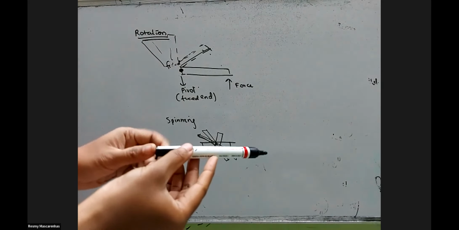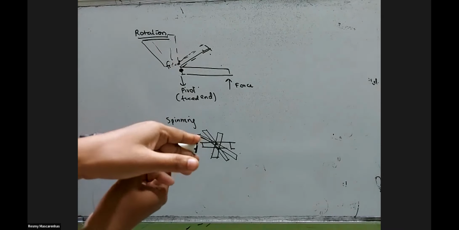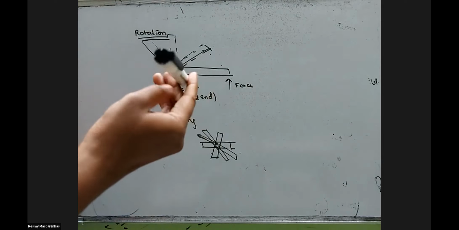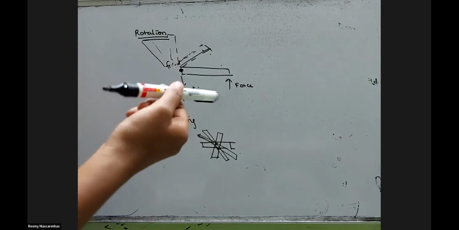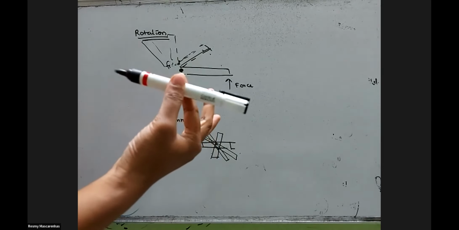This suppose I'm keeping fixed, and then this is called rotation. But now from here only I'm trying to do like this from the center, then that is called spinning. This is called spinning along the center.